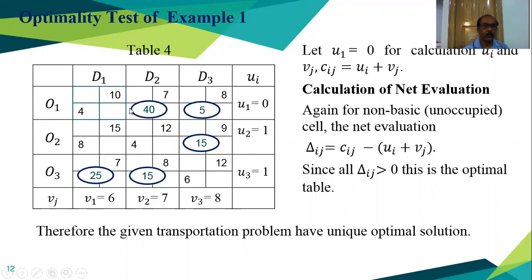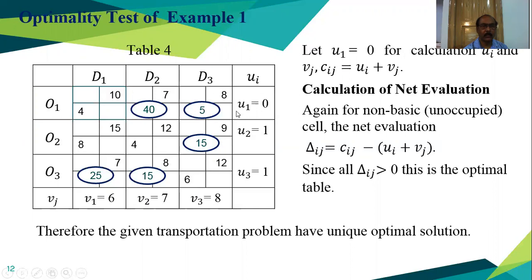Since in the row corresponding to origin 1, the number of allocations is 2, here is 1, here is 2, we can choose U3 equal to 0 or U1 equal to 0. In column 2, 2 allocations are there, we can also consider V2 equal to 0. Here also 2 allocations are there, we can also choose V3 equal to 0.